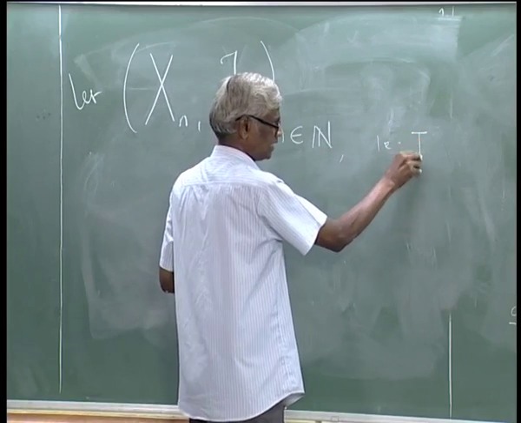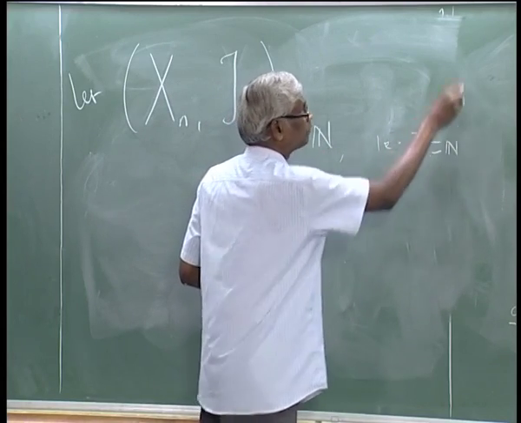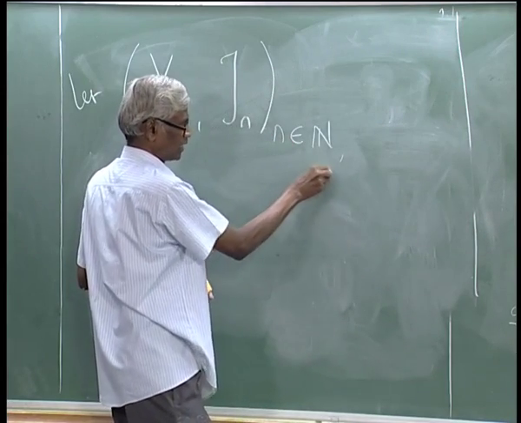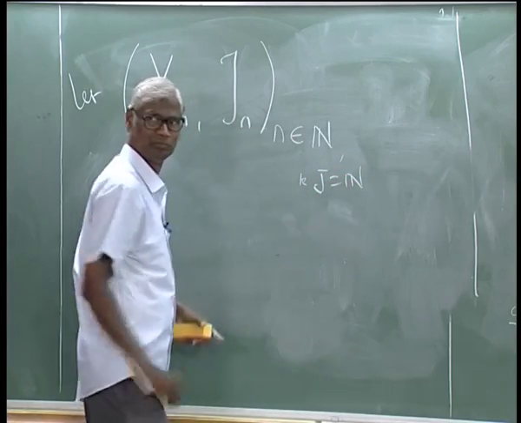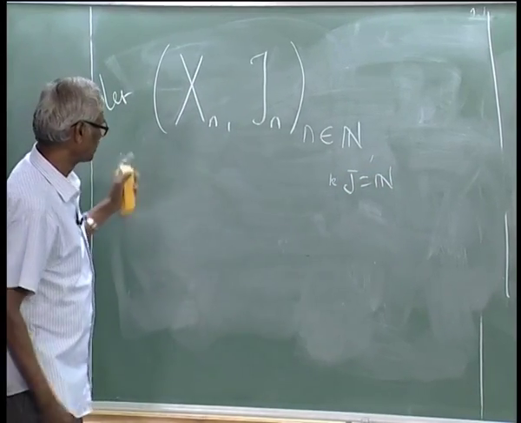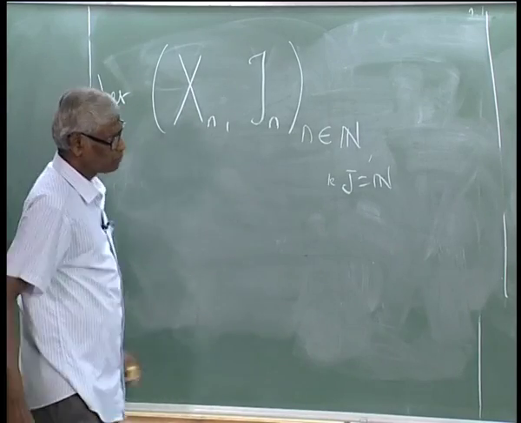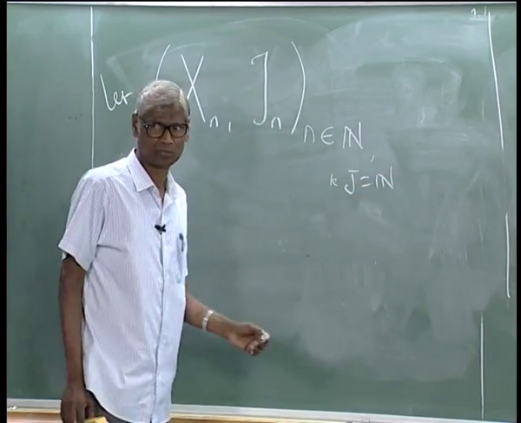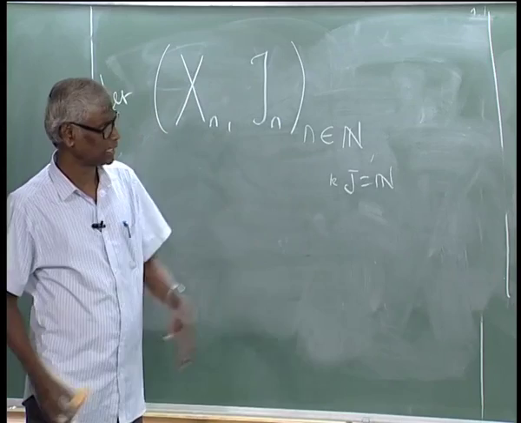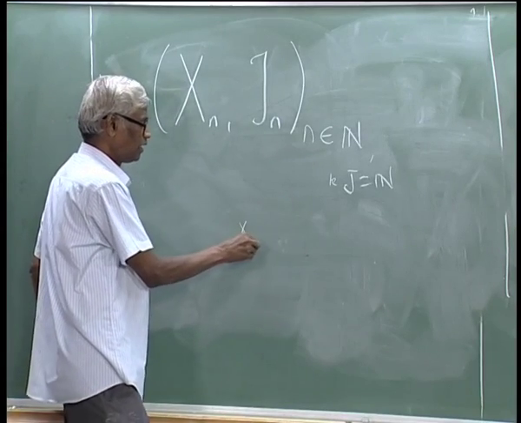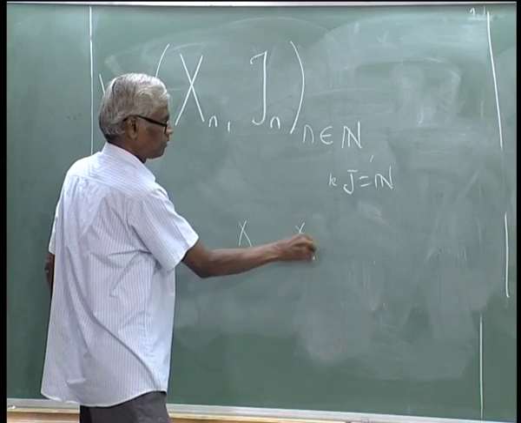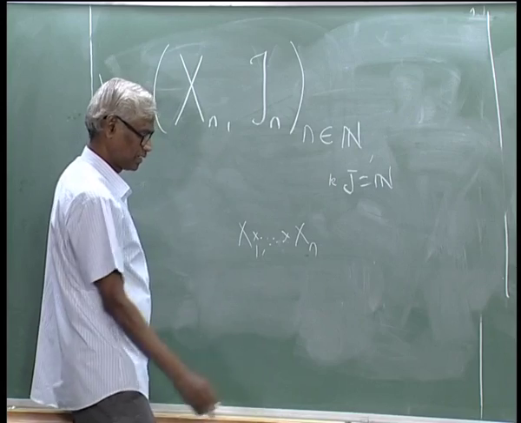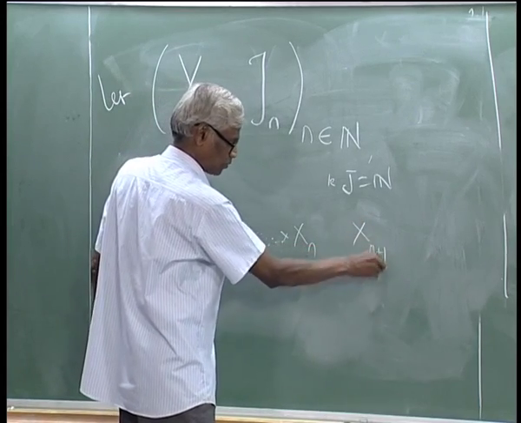Let us call J our index set, in this case the set of natural numbers. What we wanted to prove by induction is: X1 connected, X2 connected means X1 cross X2 connected. Then assuming that the result is true for n, that means whenever X1, X2, up to Xn are connected, then X1 cross X2 cross up to Xn is connected. Now we have X_{n+1}.